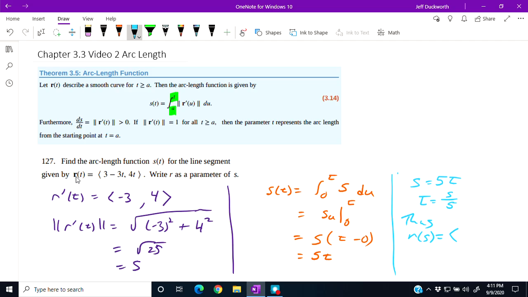So we're using this r of t, so we're plugging in what we have there. Three minus 3s over 5, and the other one is just 4s over 5. And yeah, that should work.